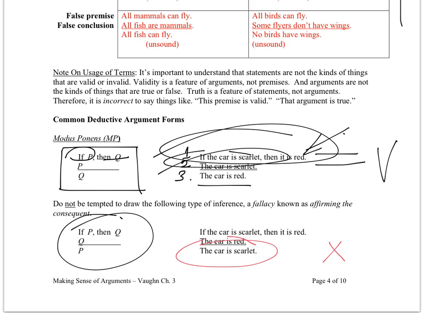The second premise is that the car is red. So we have an agreement here with the Q part of the formula. But on the basis of that, it certainly doesn't follow that the car is scarlet, because it could certainly be a different shade of red. So whereas this one illustrates how the conclusion follows from the premises, and this one does not, the second is an illustration of an invalid argument.